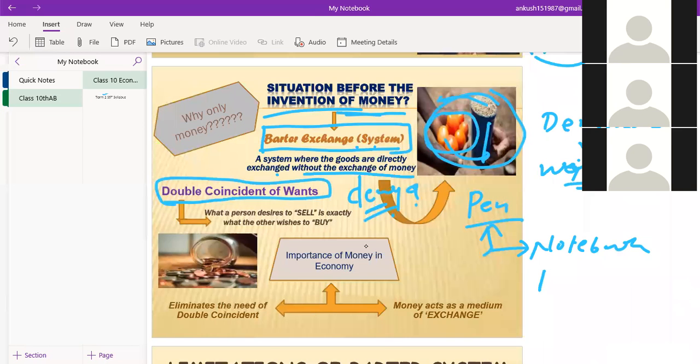And that is why money acts as a medium of exchange. What did you get from it? If I say that money acts as a medium of exchange, in the sense what? We have eliminated the need of double coincidence, and whatever you want, at whatever time, you may purchase the things.